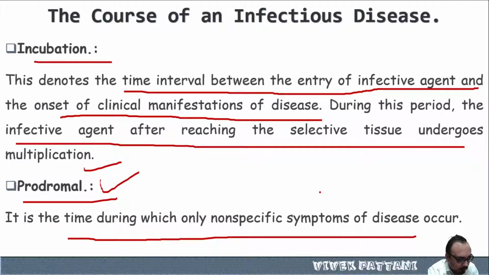After the incubation period there comes a prodromal period in which there may be other symptoms such as nausea or fever, various other signs and symptoms which appear before the main symptoms of the disease appear. It is called the prodromal period.